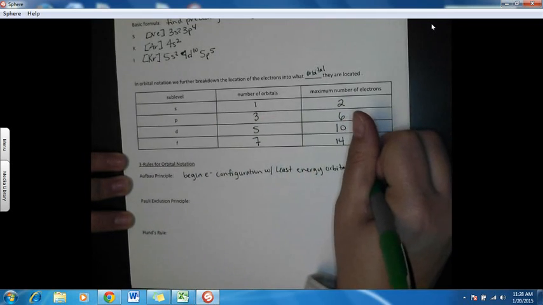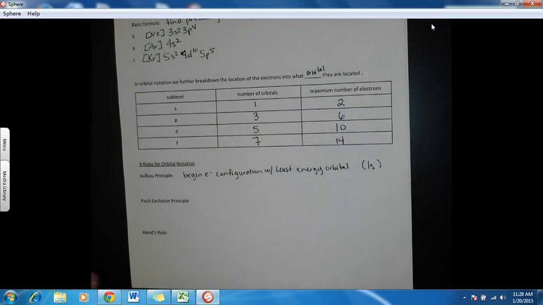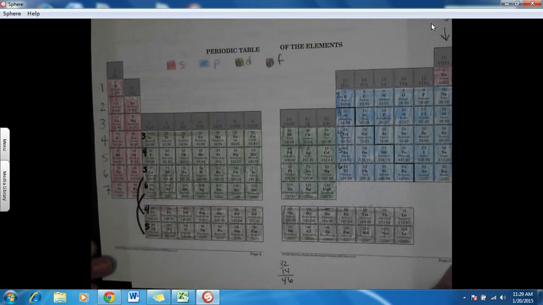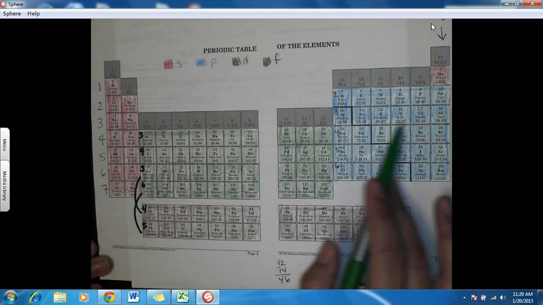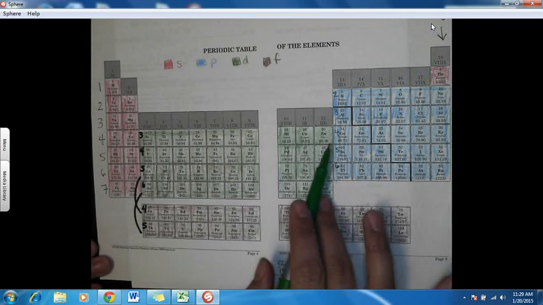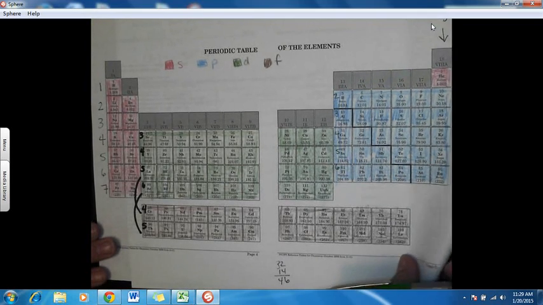And that's going to be your 1s. So that means you have to fill them in order of energy. And that energy is in order on the periodic table we discussed. 1s, 2s, 2p, 3s, 3p, 4s, 3d, 4p. That is in order of increasing energy.